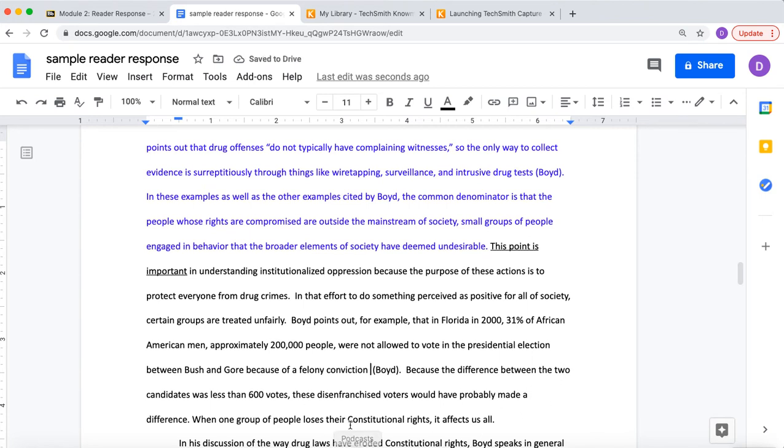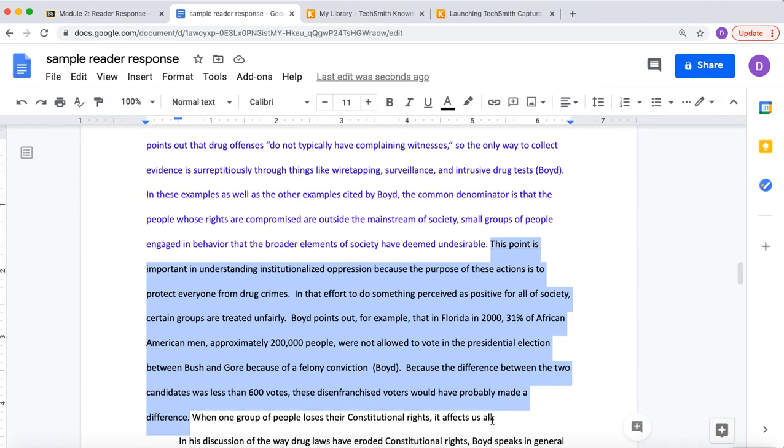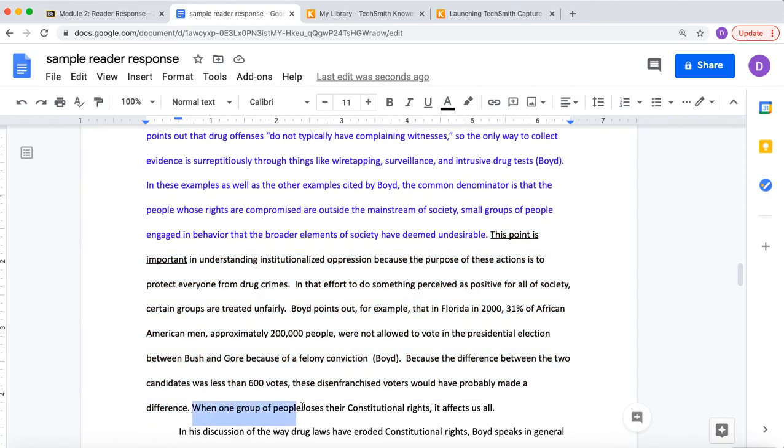Because the difference between the two candidates was less than 600 votes, these disenfranchised voters would have probably made a difference. Okay, so all of that is application to my topic. And then this is a concluding sentence that restates the topic sentence.